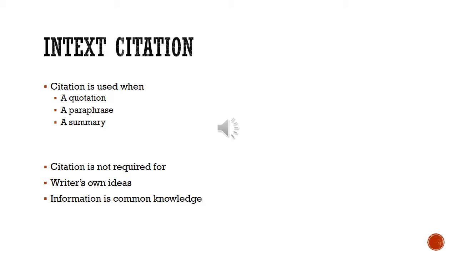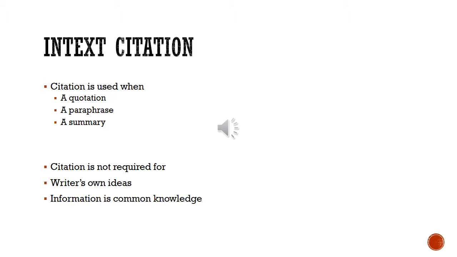Whereas in-text citation is more about, suppose you have got information from a particular source, and you have written the information in your academic essay, let's say a sentence or a quote.